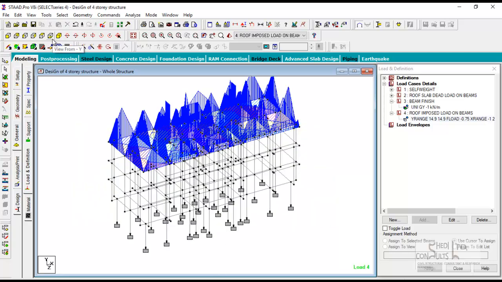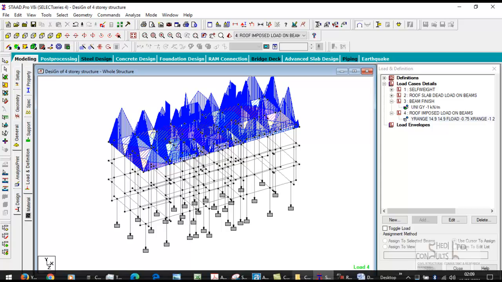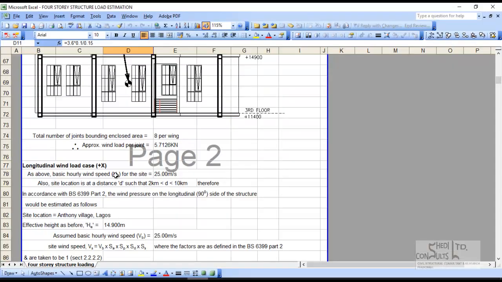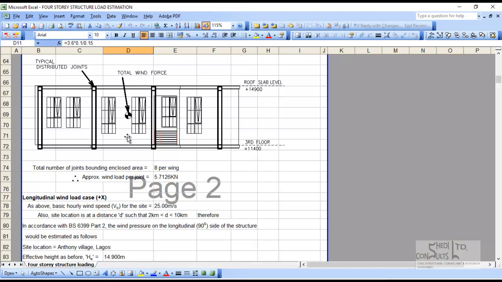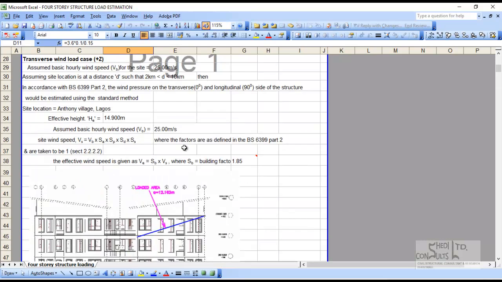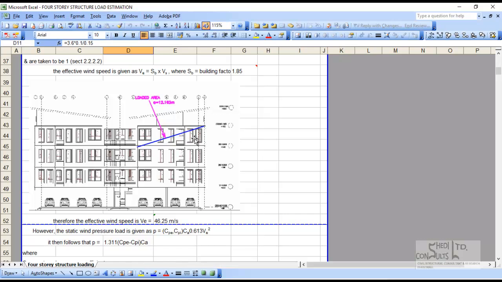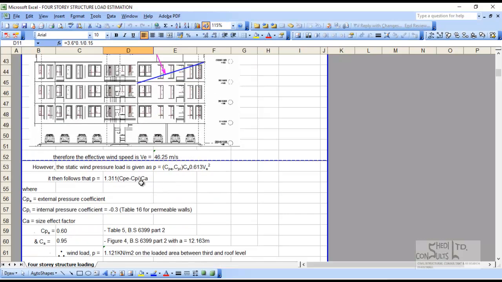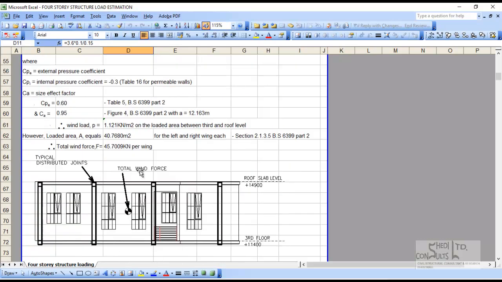So let's start by, we have calculated the wind loads. It's time for us to apply these wind loads. So let's look at how it is done. Okay, so on the roof level, we calculate the wind load in the transverse direction, which is 0. Look at the windage area. The wind force was calculated.